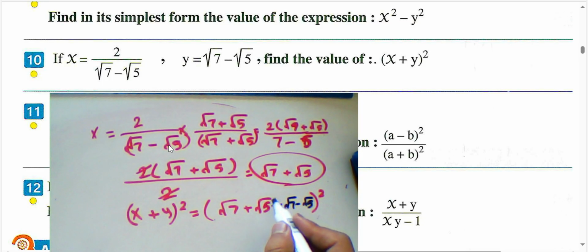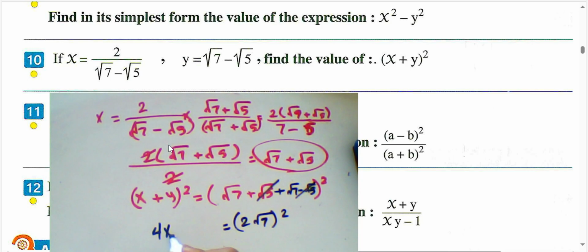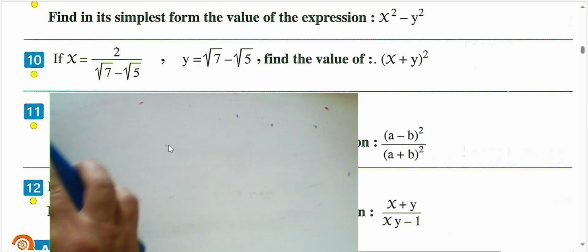We can simplify: root 7 plus root 7 equals 2 root 7, and root 5 minus root 5 is 0, all power 2. The answer will be (2 root 7) power 2, which is 2 power 2 equals 4, and root 7 power 2 equals 7. 4 times 7 equals 28. Then the answer here will be 28.